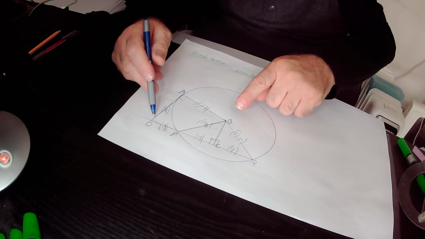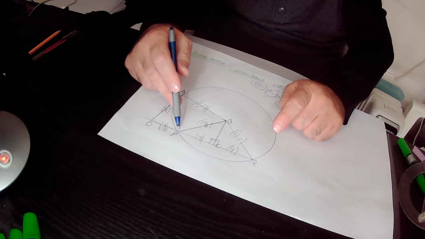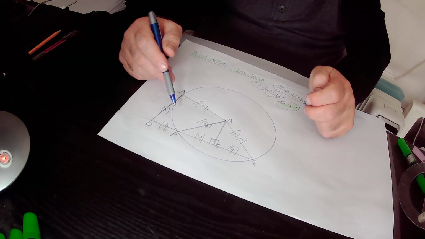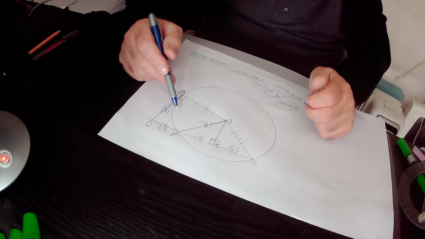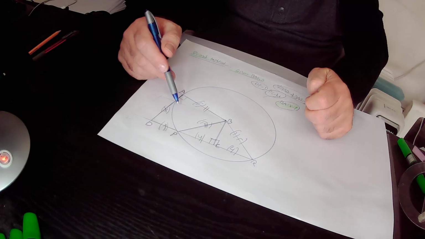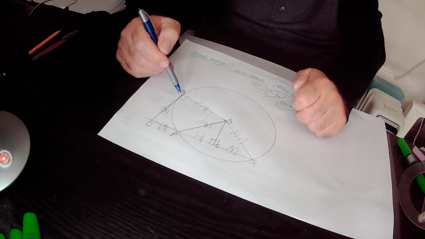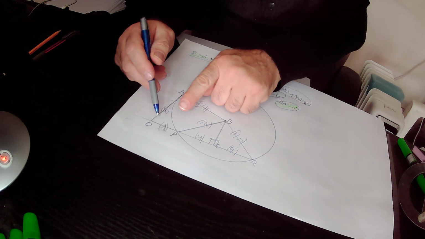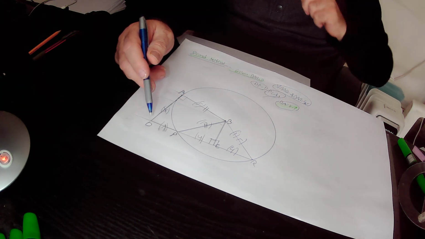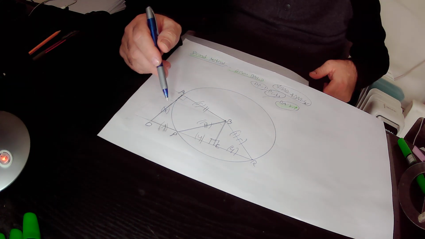Secant DQ cuts the circle at two points P and Q. According to the tangent secant theorem, DA squared, that is the length of the tangent squared, equals DP times DQ.